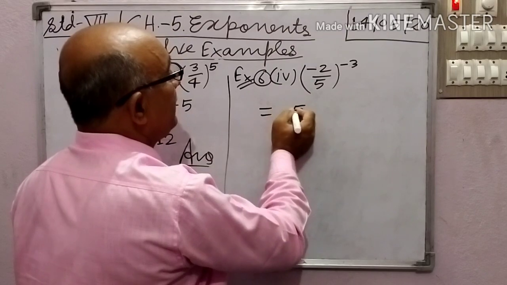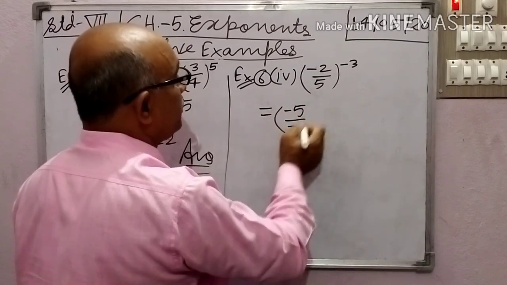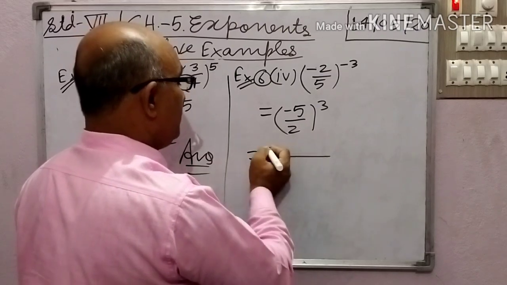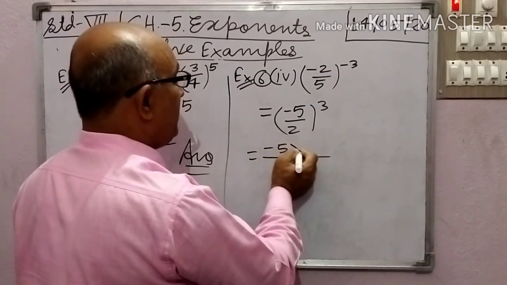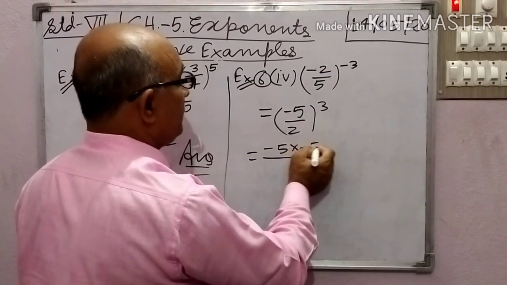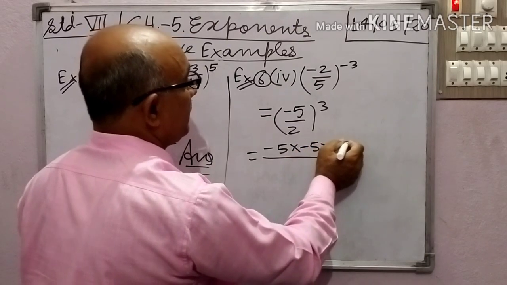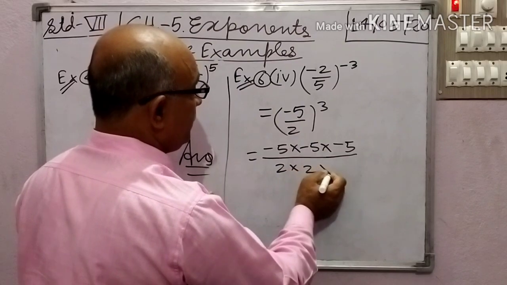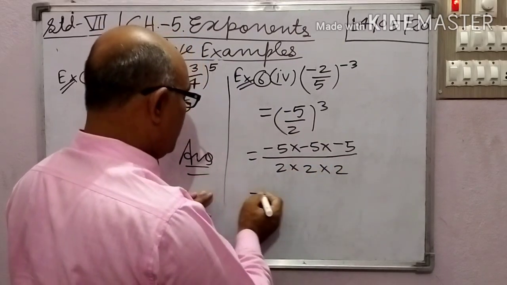So (-5/2)^3 equals -5 into -5 into -5 by 2 into 2 into 2.